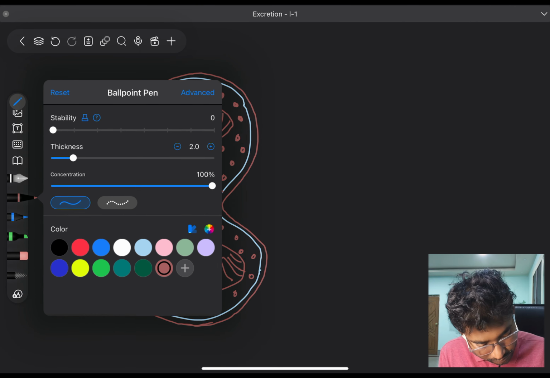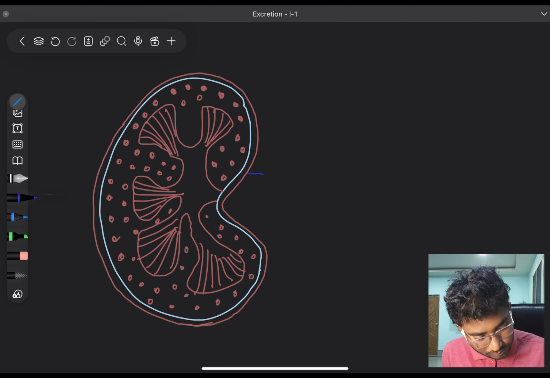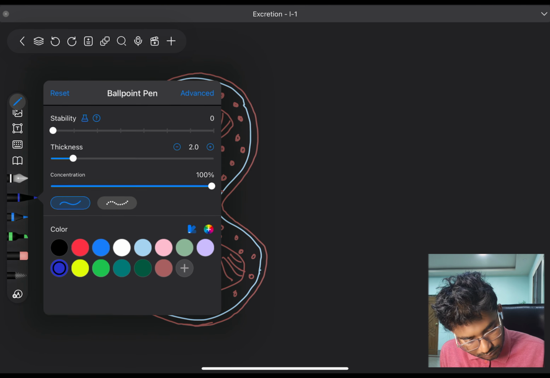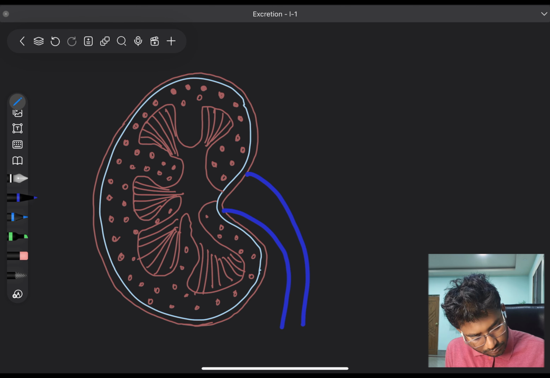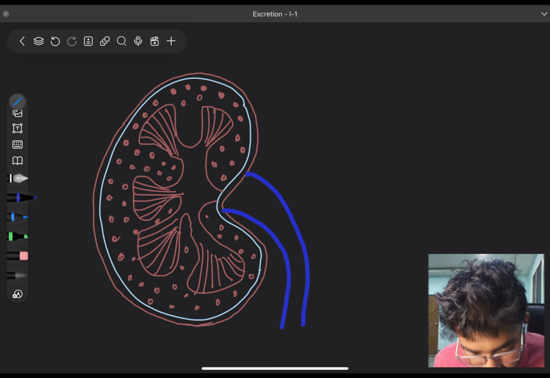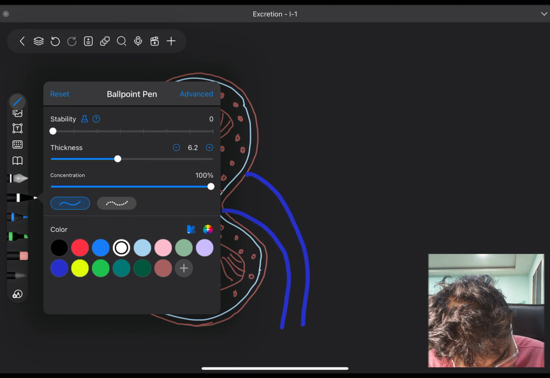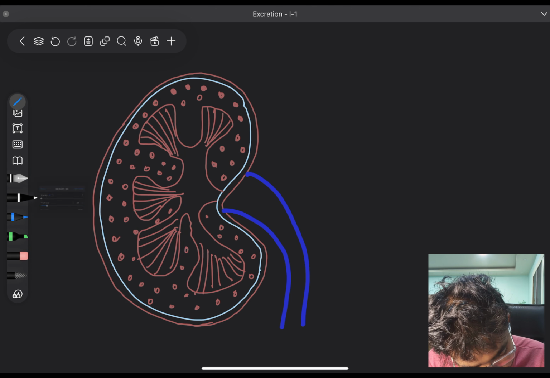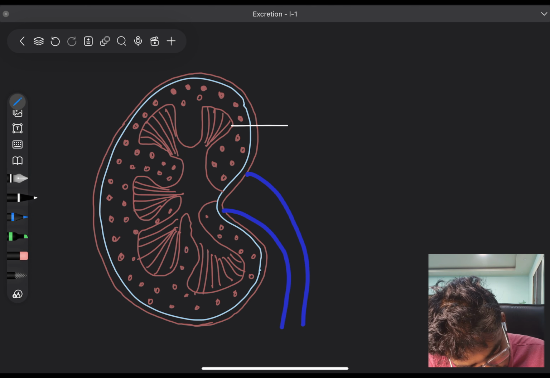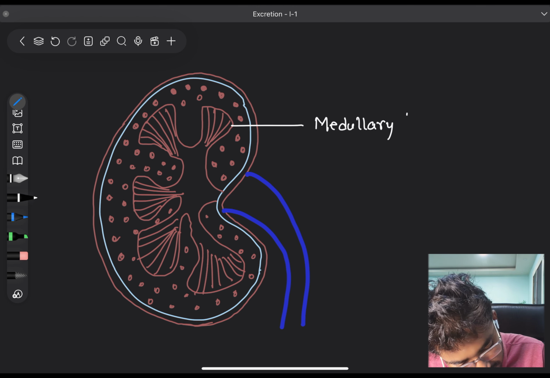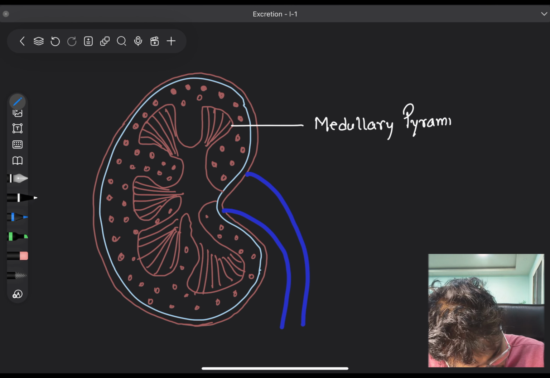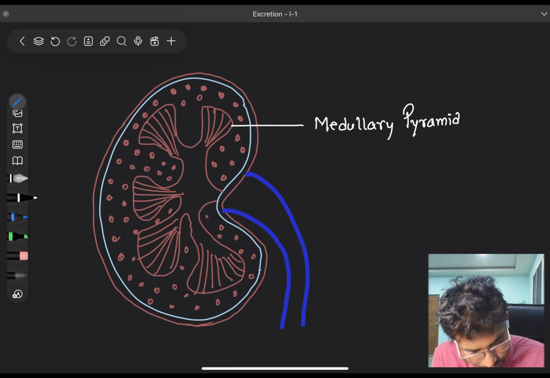Okay, now let me identify this. These are called the medullary pyramids.